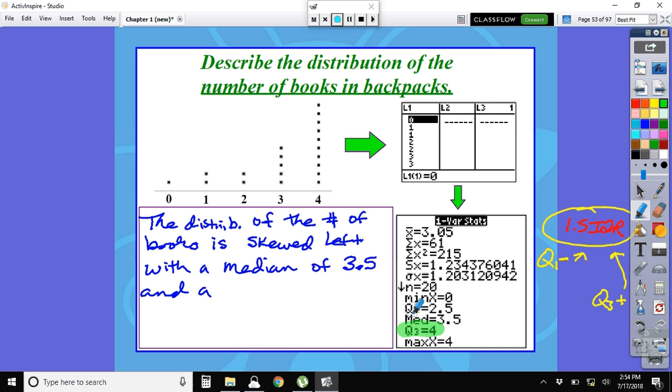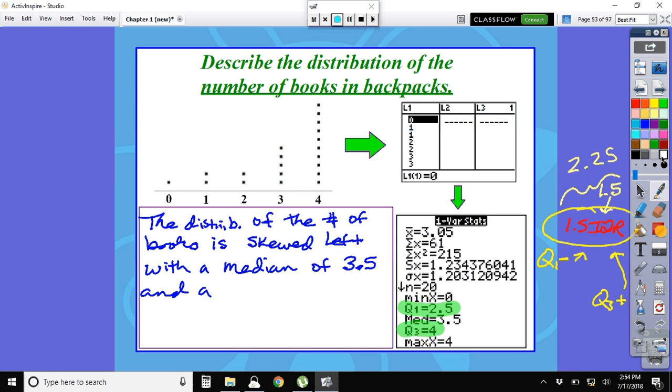So Q3 is 4, Q1 is 2.5. So what's the IQR worth? 4 minus 2.5, and IQR is worth 1.5. So 1.5 times an IQR of 1.5 is 2.25. So we're going to subtract 2.25 from Q1, and Q1 was 2.5.